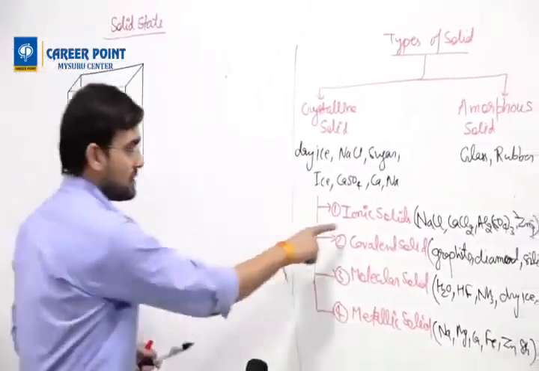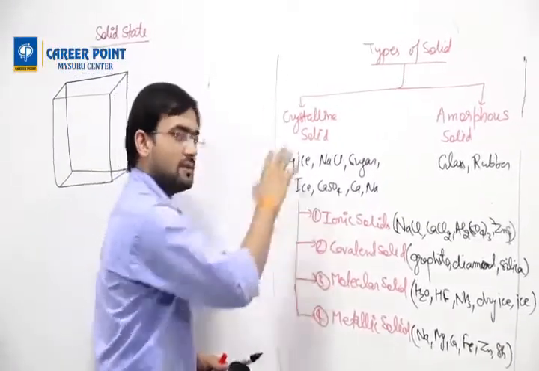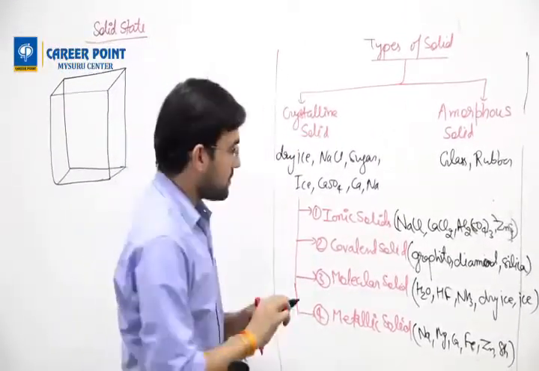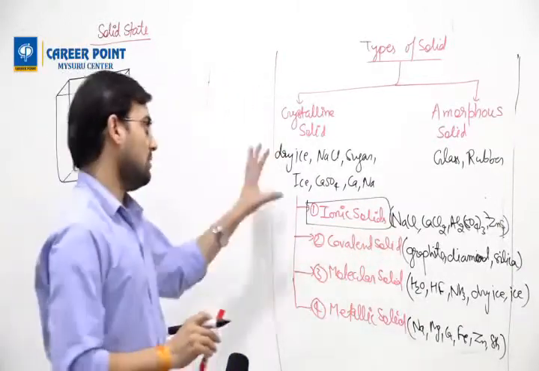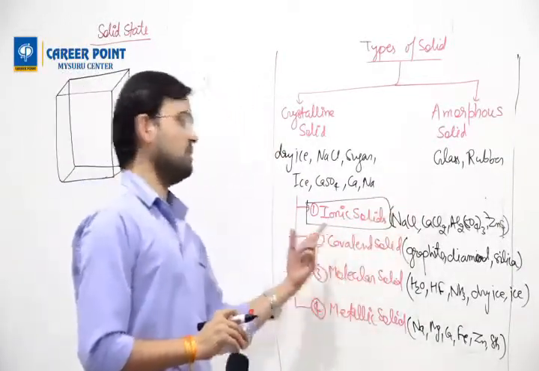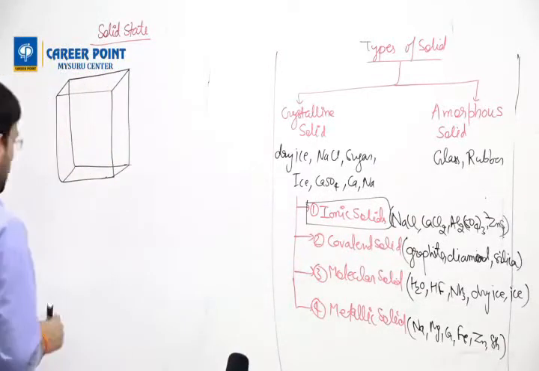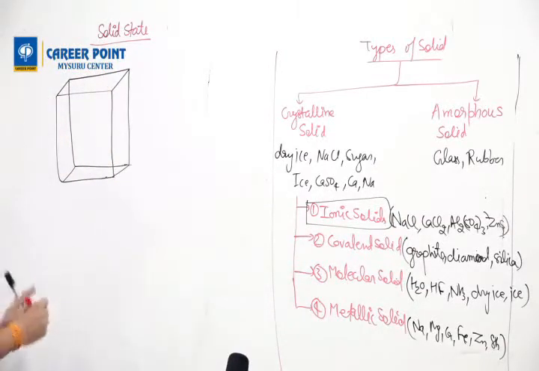First, we are doing ionic solid. Basically in our solid state chapter we'll do only one, which is ionic solid. We won't do crystalline, amorphous, nothing else. We'll simply do ionic solid. Now to talk about ionic solid, this is a cube.